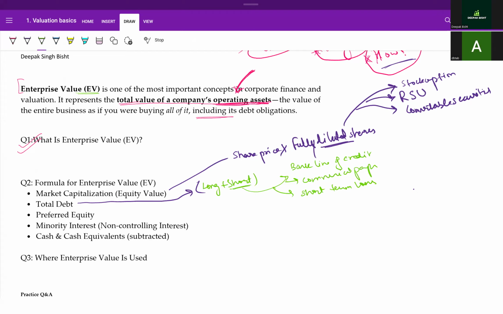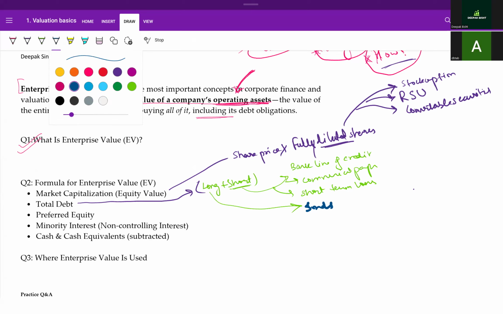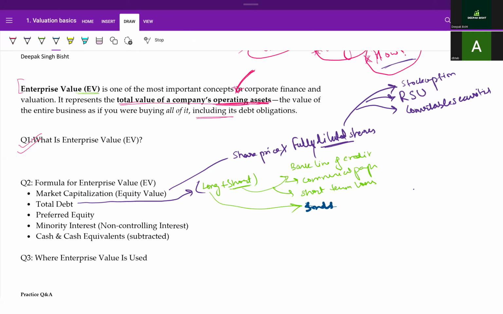And the long-term securities actually include bonds, bank loans, and notes payable, which have a life of more than 1 year.